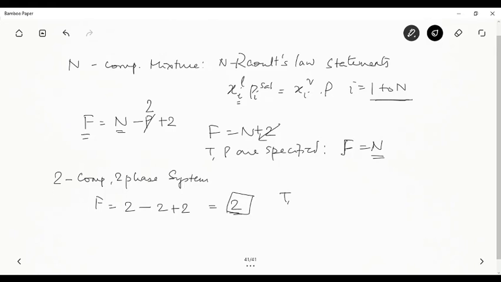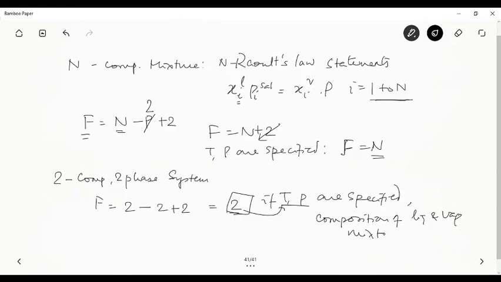So if T, P are specified, so these are two variables, T, P are specified, then composition of liquid and vapor mixtures can be evaluated.